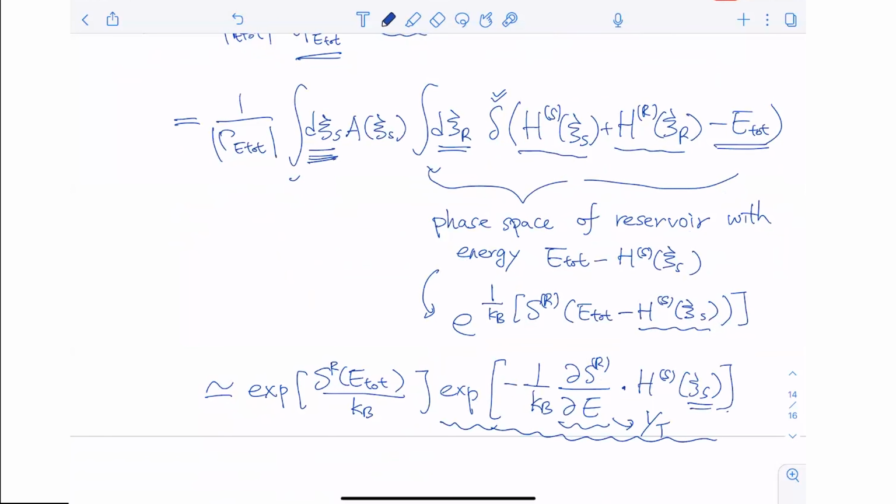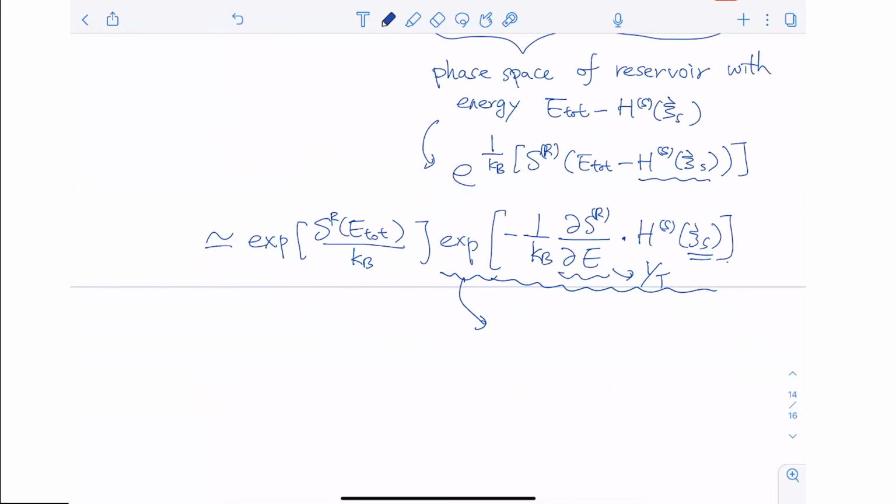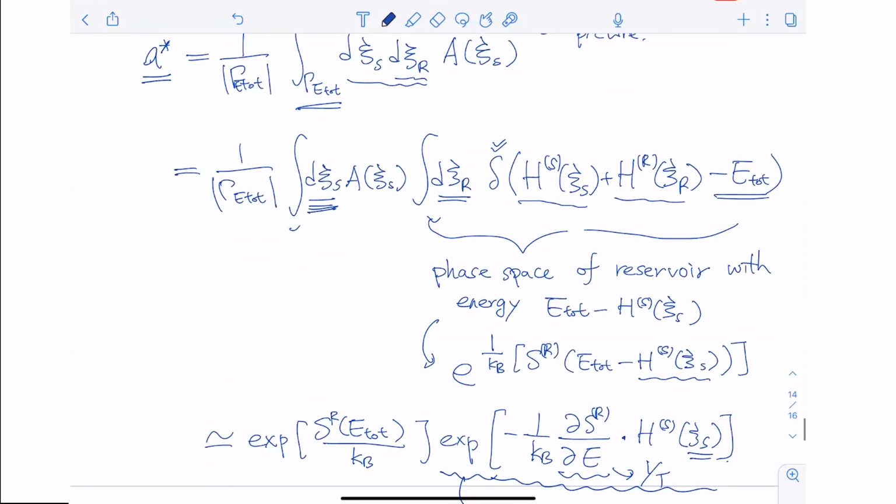Okay. So there's a name for this thing. It's called the Boltzmann factor.